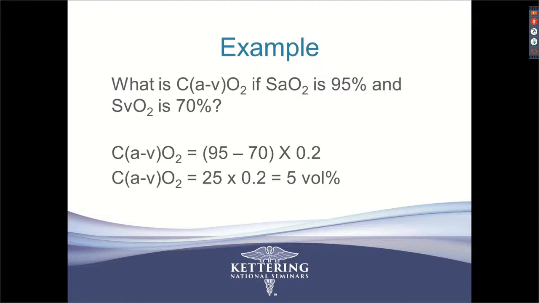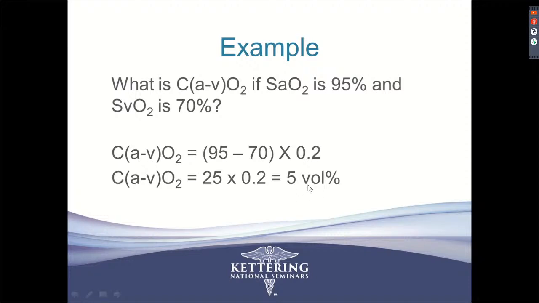Now, here's another thing. The one thing that I know is that the normal value for the content difference should be about 5 volumes %. So again, if we said the normal CaO2 is 20 volumes %, and we said the normal value for CvO2 is 15 volumes %, the difference between 20 and 15 is 5.